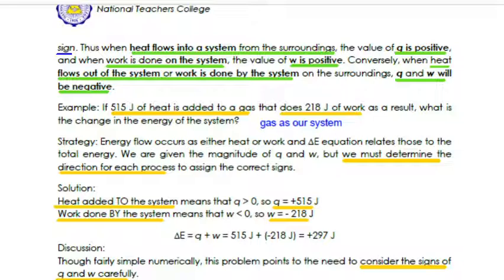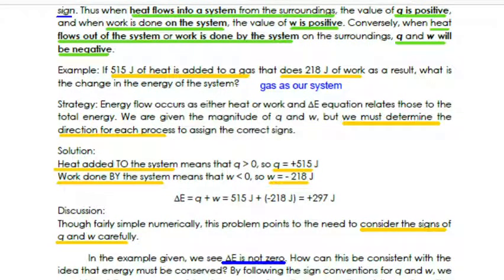Now, as mentioned in the conservation of energy, delta E should be equal to 0. But in the example, delta E is not 0. So to be able to get a delta E which is equal to 0, we will equate delta E of surrounding is equal to negative delta E of the system.